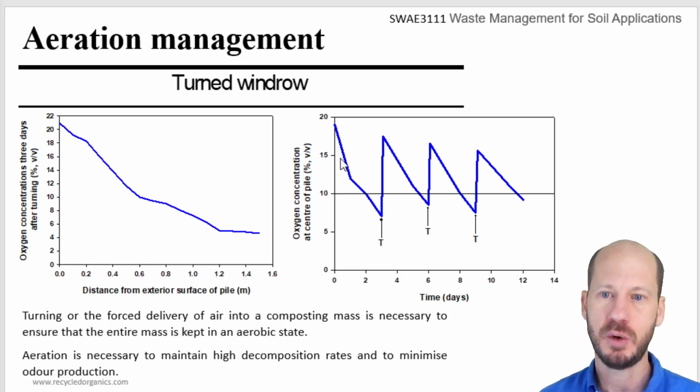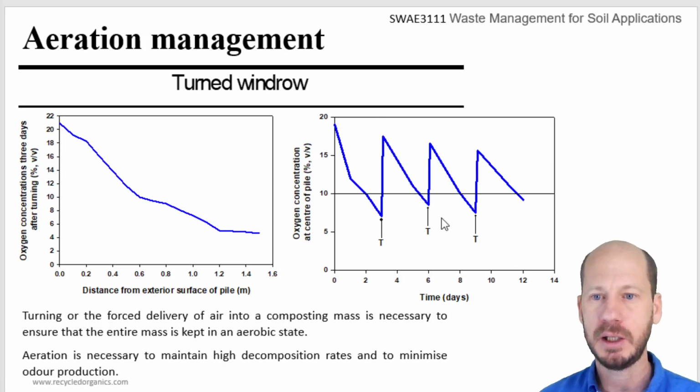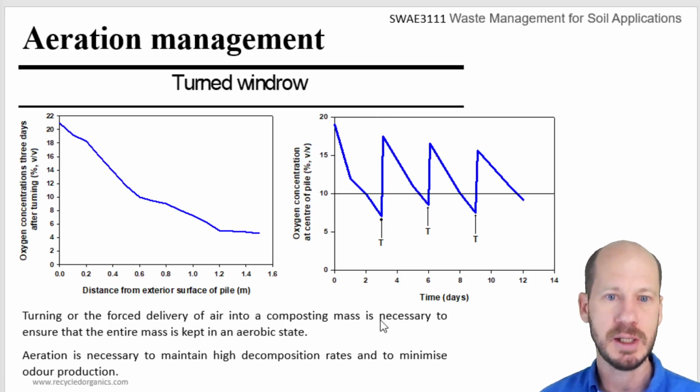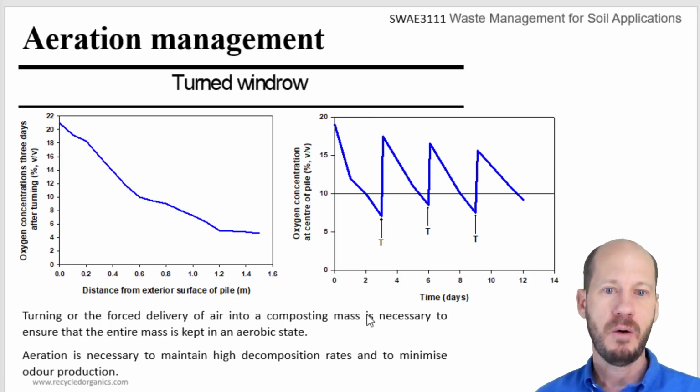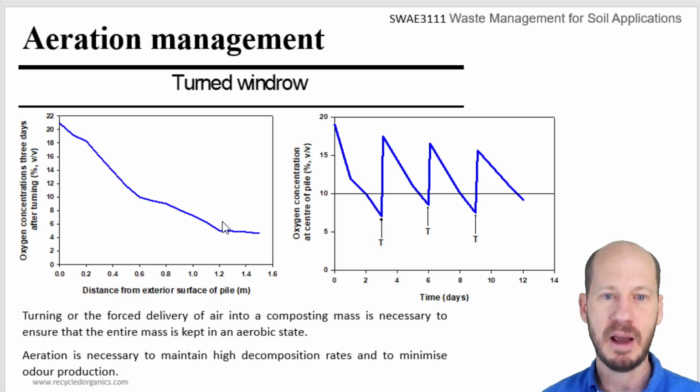Here, when the oxygen concentration comes below 10%, you can turn the compost again, and then it will go up, and you can use this as a criterion of when to turn. The frequency of your turning process can be based on monitoring CO2 or oxygen in your compost pile. If you use the CO2, you will be targeting between 5 and 10%.